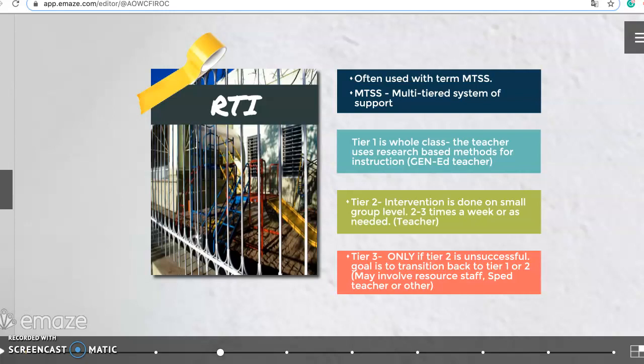And Tier 3 is for a fixed period of time as well, which is usually marked by 1 grading period, whether that be quarter, trimester, or semester. RTI, although it's for any student, whether they're classified as having a disability or not, is sometimes a way of gauging which students need to be formally evaluated as having a learning disability.